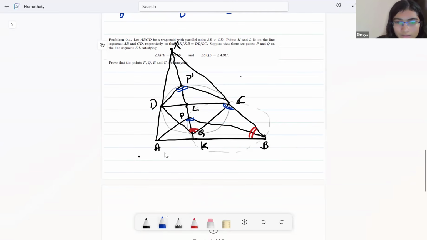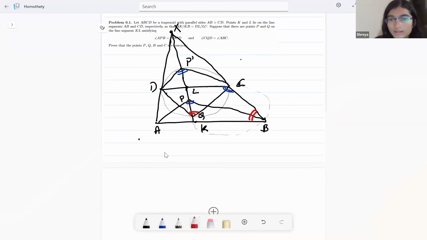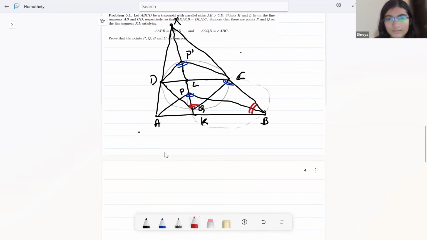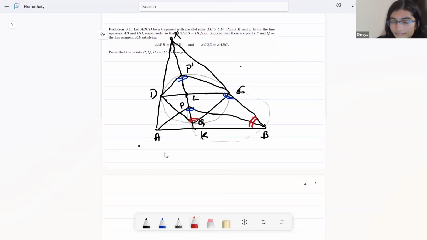Okay, so let's also think a bit about what we are supposed to prove. We need to prove PQ, CB are cyclic. So how can we prove something like that in this figure? Would you like to use some specific angles and show that they're equal, or something else?